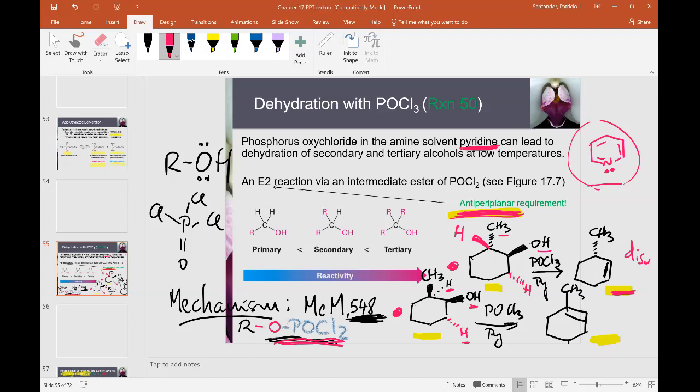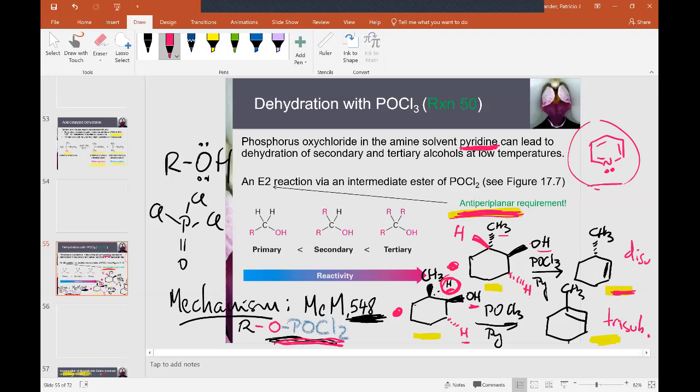But if I eliminate with that hydrogen atom there, I will have the advantage that I will get a trisubstituted alkene. Trisubstituted, and of course, that is better because we know that trisubstituted alkenes are more stable than disubstituted.